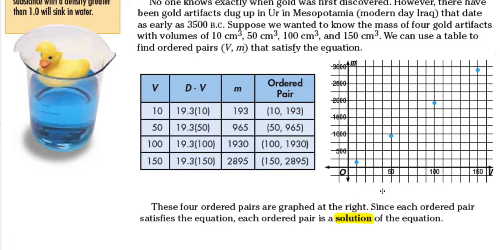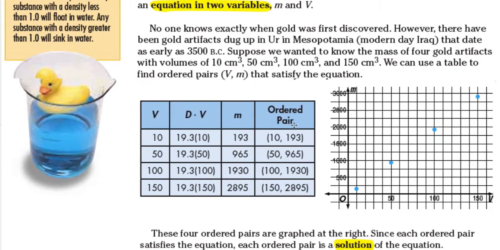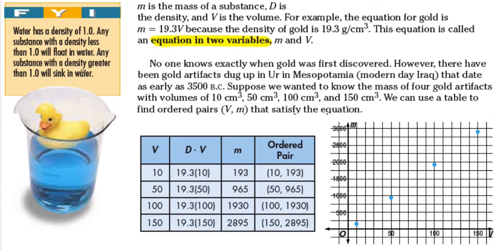When we say the ordered pairs satisfy the equation, that means if I substitute V and m into the equation m equals 19.3 times V, which is our equation, then if I substitute the values 10 and 193, V and m, into our equation, it will make the equation true.